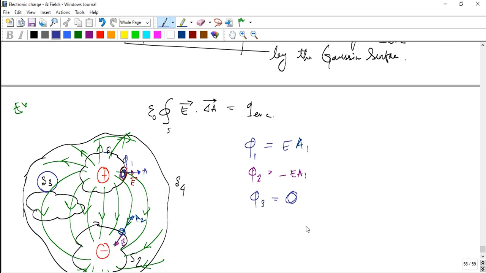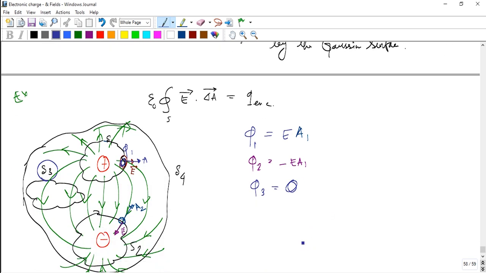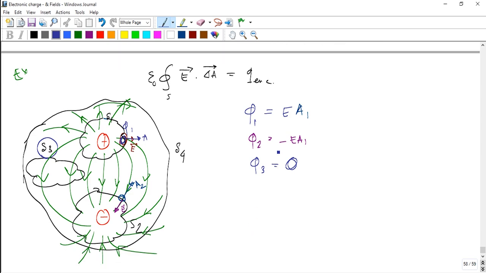And number 4, you see very carefully, surface 4 covers all 3 surfaces actually. So these are phi 1 plus phi 2 plus phi 3. If I add these 3, you get E A1 plus 0 minus E A2. If I say that both small surfaces are the same, then we get 0, they cancel.